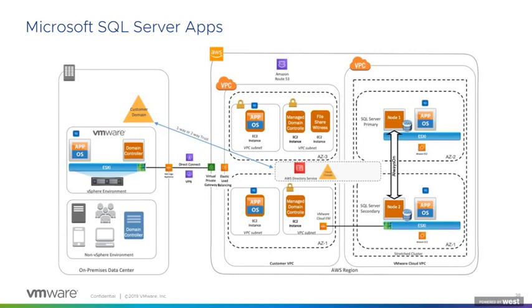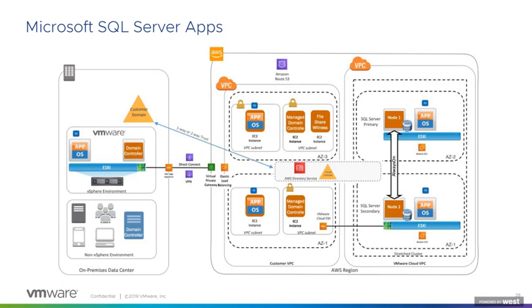Okay. The next piece I've added in are the applications. This is what I mean by app over OS: apps running on an operating system either on premises or on the AWS side, where SQL Server apps are running on EC2 instances, or the applications may as well be running on the VMC side, and all of these apps will consume Active Directory through Managed Active Directory. They'll consume DNS through Amazon Route 53.